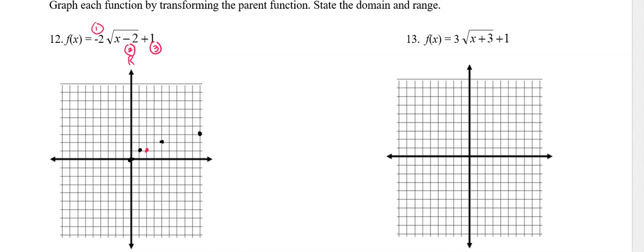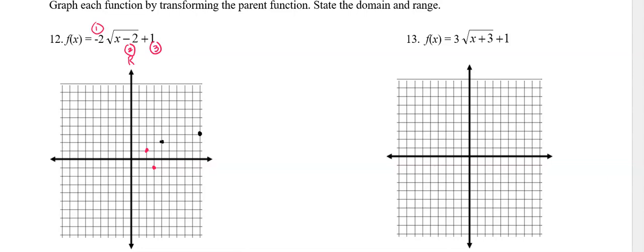As I finish with each of those parent points, I'll just erase the black, and the red will end up being my answer. So (1, 1), after multiplying by -2, becomes (1, -2). And then I go right 2, up 1. Now that black point is done.